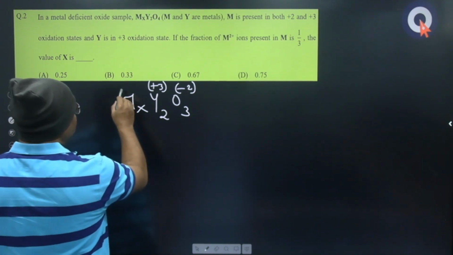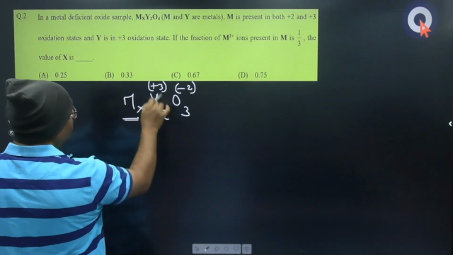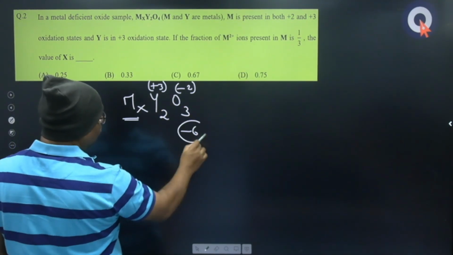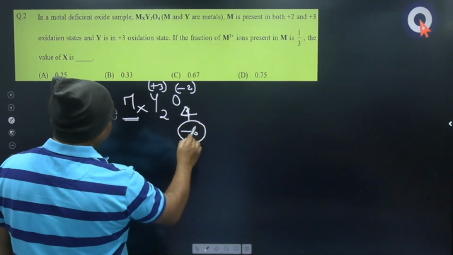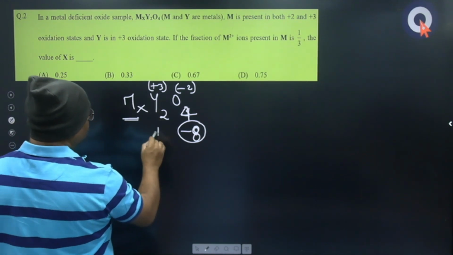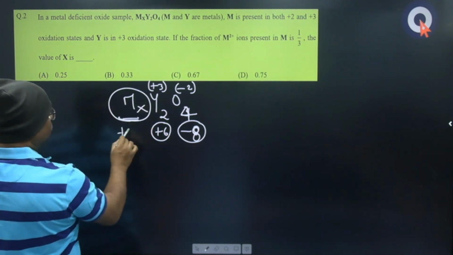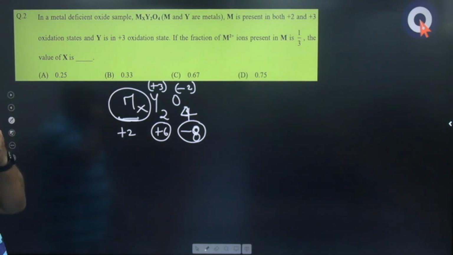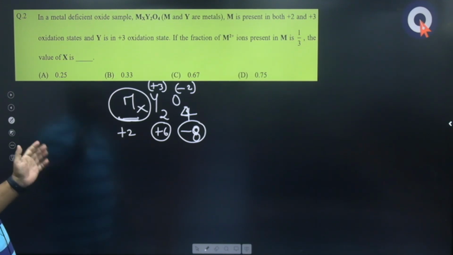So the total charge should be: Y2 gives plus 6, and O4 gives minus 8, so the overall charge on Mx should be plus 2. If the M plus 2 fraction is 1 by 3, what is the value of x?